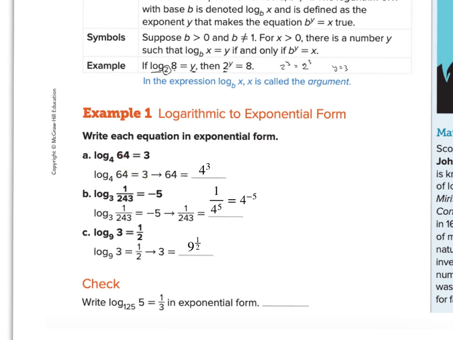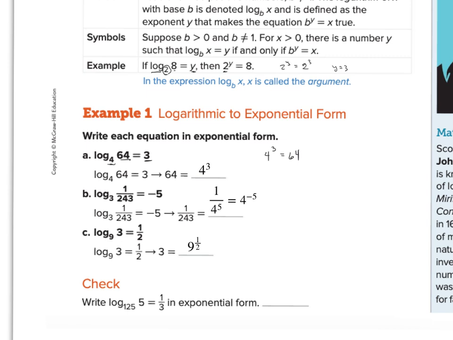So again, we are reordering that and understanding what they're saying, and if we put that into the calculator, it will give us 3. But we are saying that when we take 4 raised to the third power, it equals 64. Okay, there's my base, there's my exponent, and there's my answer.